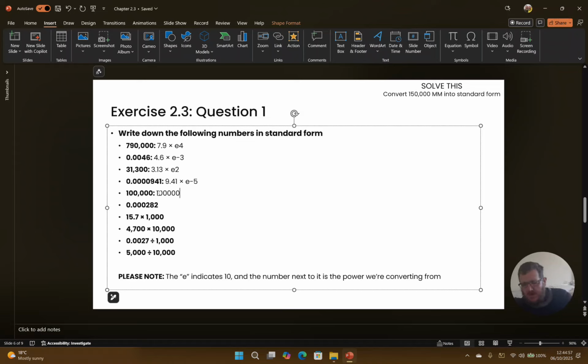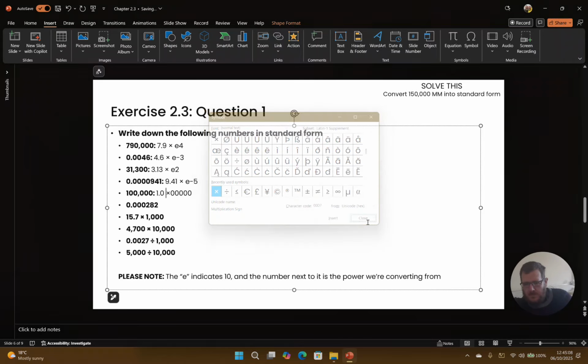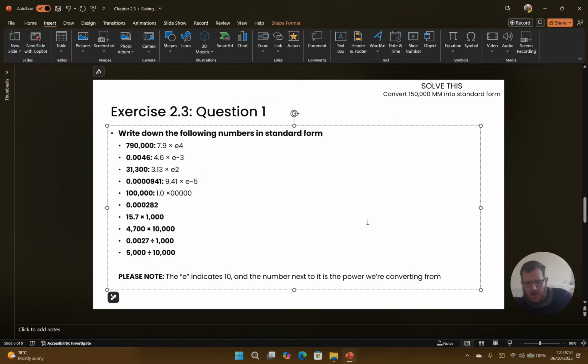Now write the number between 1 and 10, but that's 1. I'll put that there as well. And then count the number of zeros in that. 1, 2, 3, 4, 5.